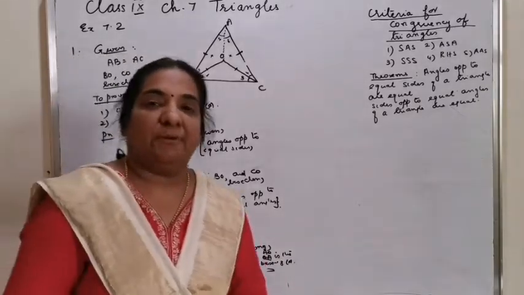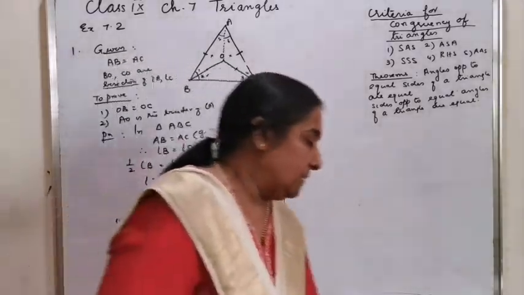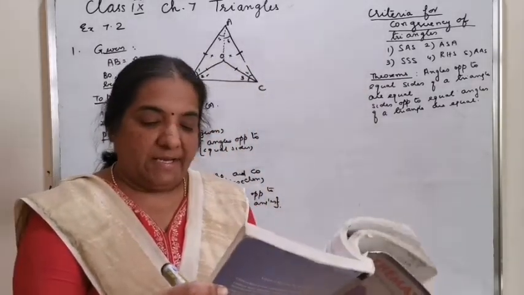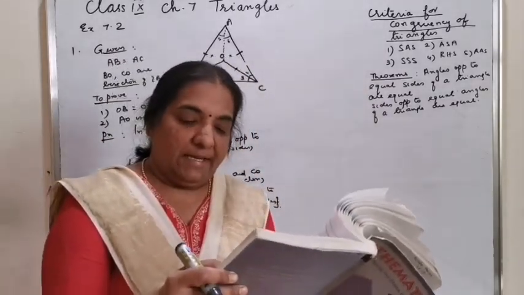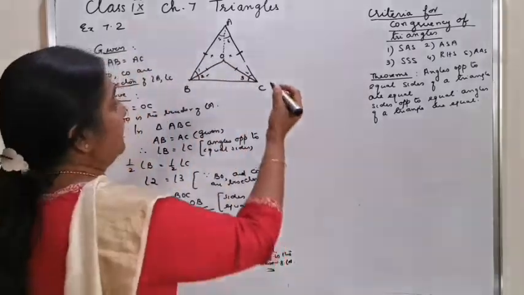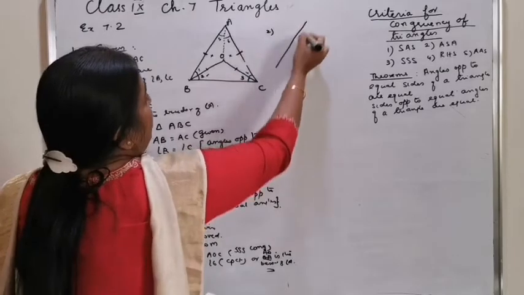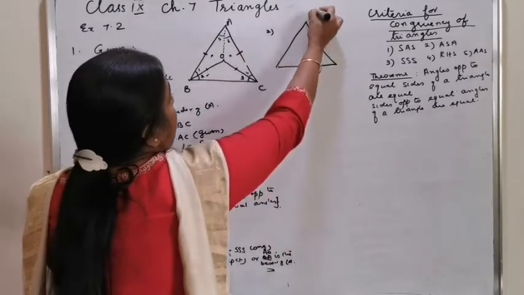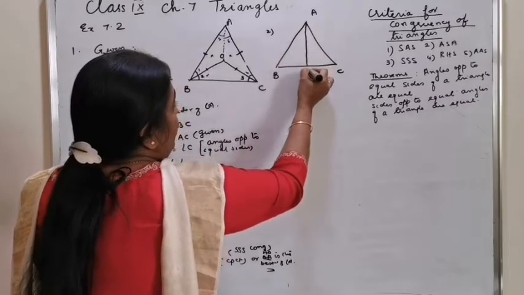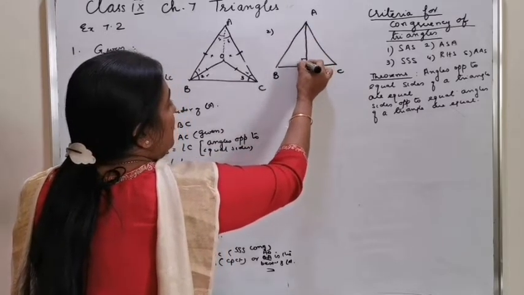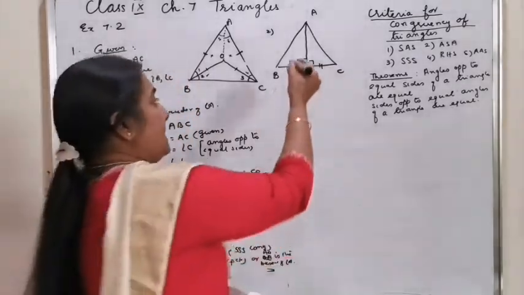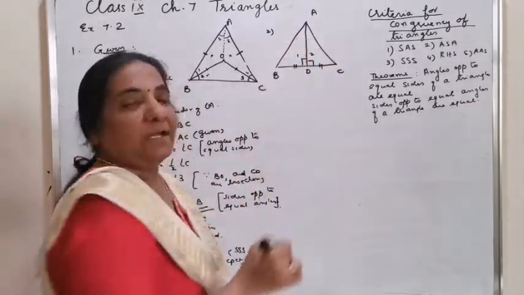This is question number 1. Question number 2. In triangle ABC, AD is the perpendicular bisector of BC. That means in triangle ABC, AD is a perpendicular bisector, which shows that the angle 1 and angle 2 are equal.